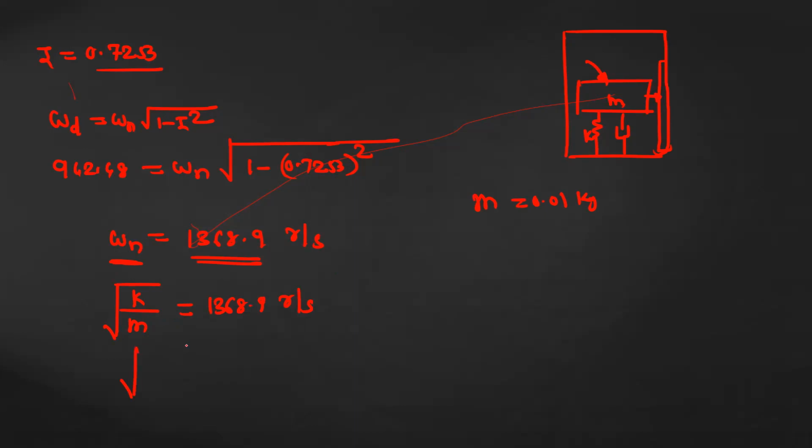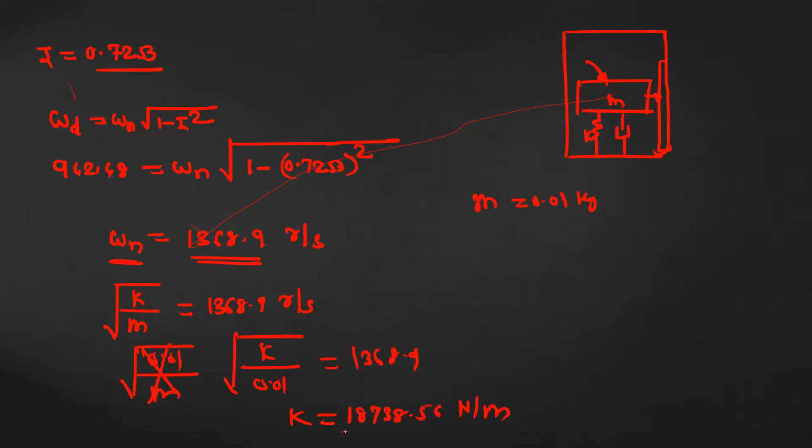So put this value and then find out the value of k, that is the stiffness. So this stiffness is 18,738.56.